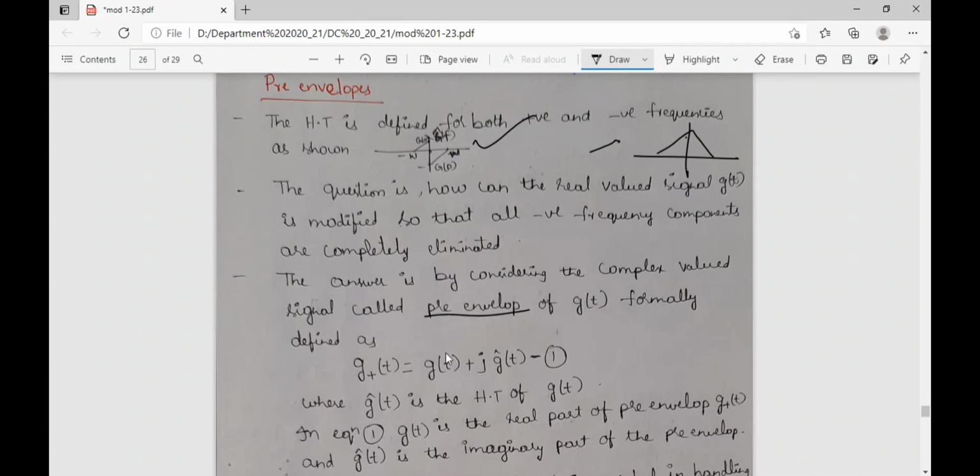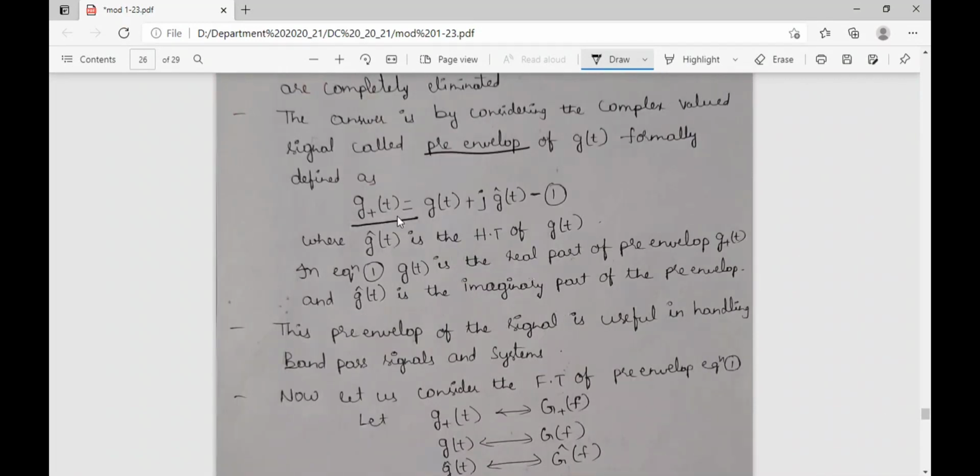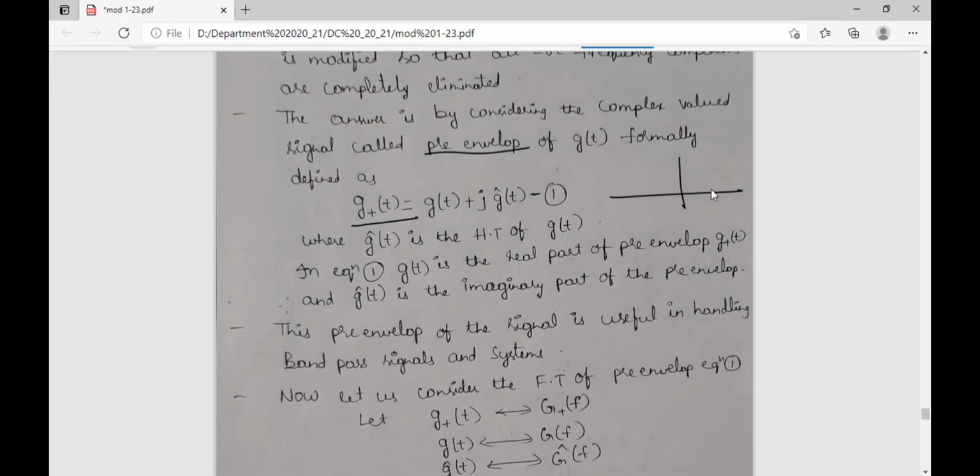The pre-envelope of G of T is given as G plus of T. This G plus indicates it is giving the positive frequencies of the G of T signal. That is denoted as G of T plus j G cap of T. This is the general representation of the pre-envelope.